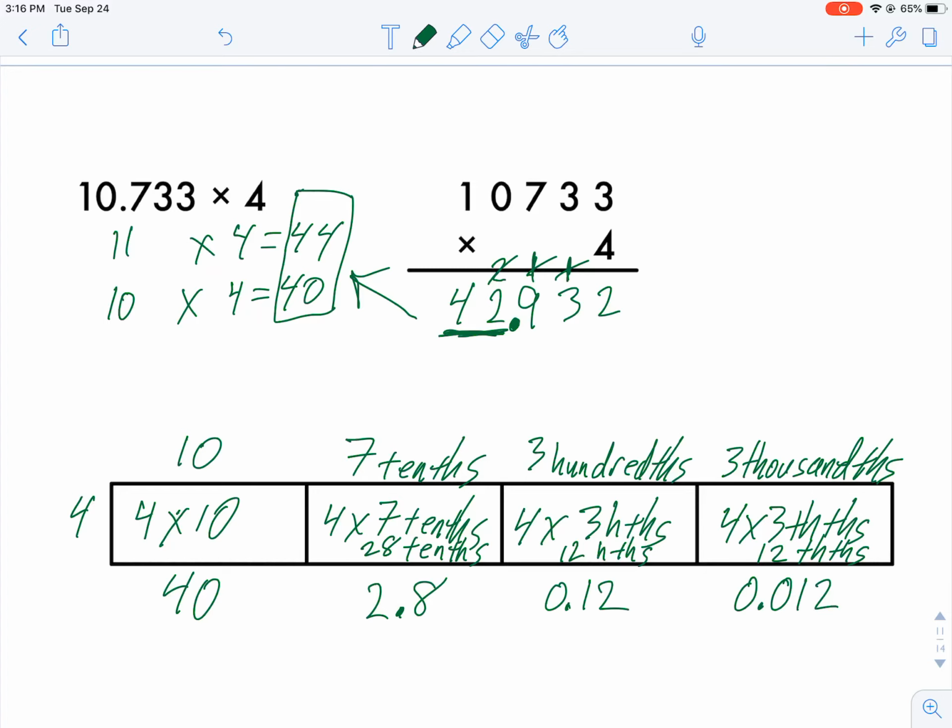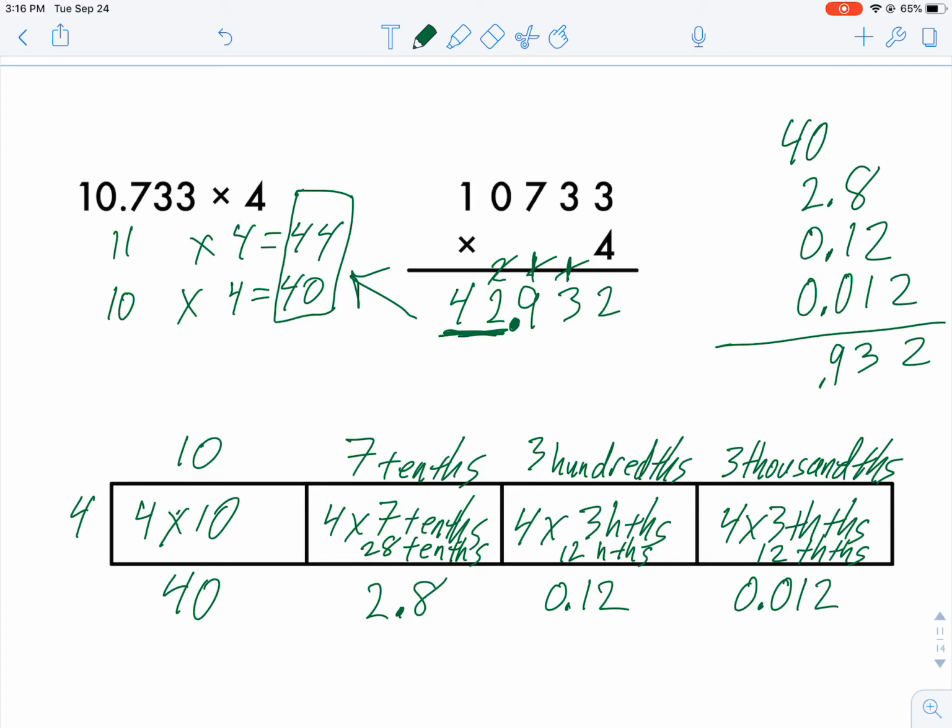If we put them all together, we have 40 plus 2 and 8/10, and we have 12 hundredths, and then we have 12 thousandths. And we add them up, and we have our 42 and 932 thousandths.